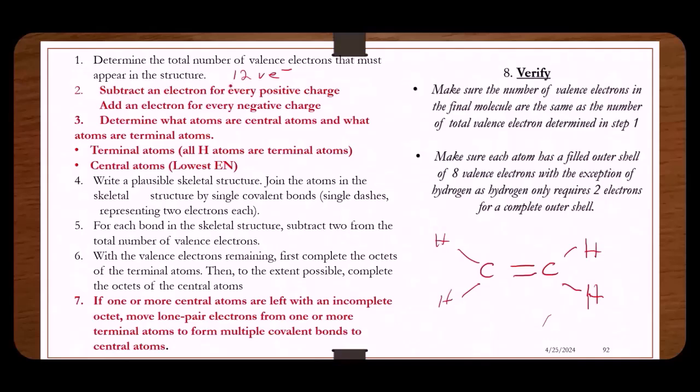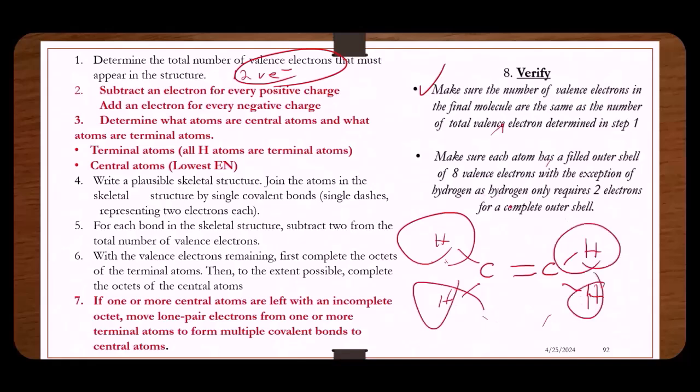So we determined in the first step that there are 12 valence electrons right here, and in the molecule there are 2, 4, 6, 8, 10, 12, so this part of the guidelines is met. In the second part, all the hydrogens have a filled outer shell of 2 electrons with a single bond right here, and there's 4, so that part is met.